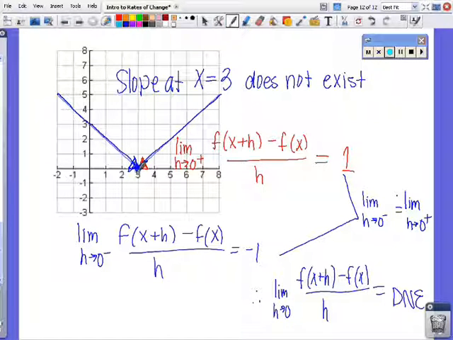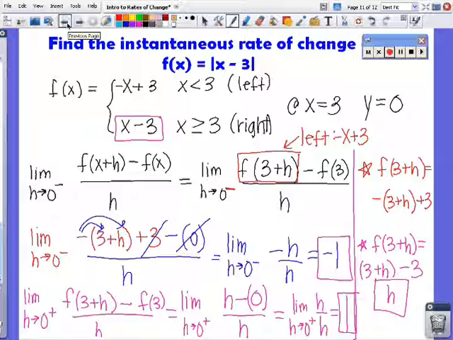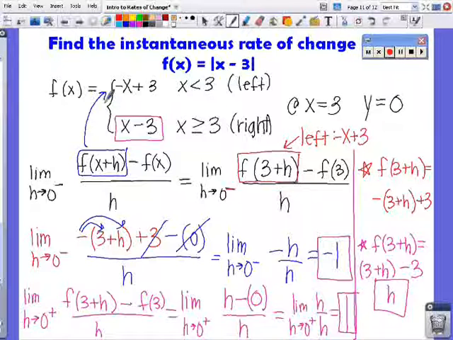And the only difference is when you substitute in your values. If you're going from the left, for this f of x plus h, we use the left function. And when we did it from the right, we use the right function. And I believe that is everything I wanted to show you.